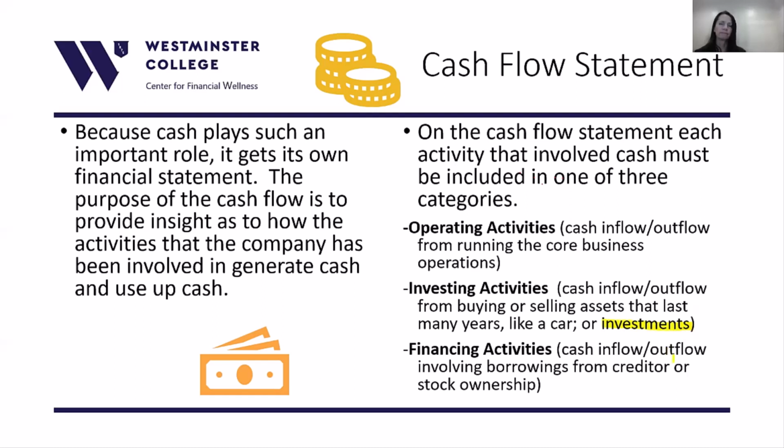Financing activities, I like to call these activities where you're begging for money or paying back people who you begged money from. So it's going to be from borrowings from creditors or contributions or dividends to stockholders, ownership. So cash flow has that unique perspective of the activities.